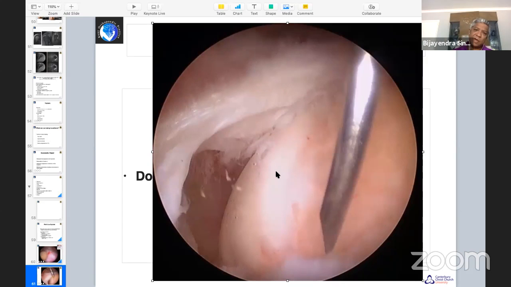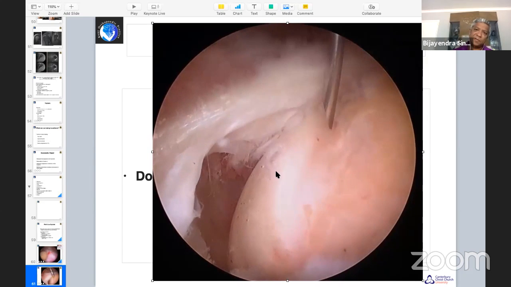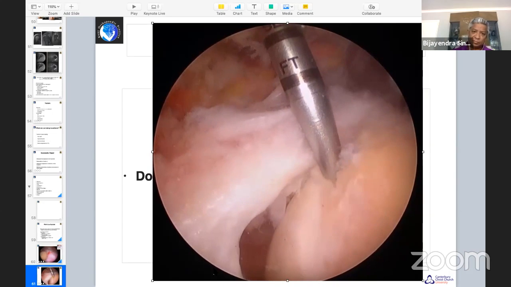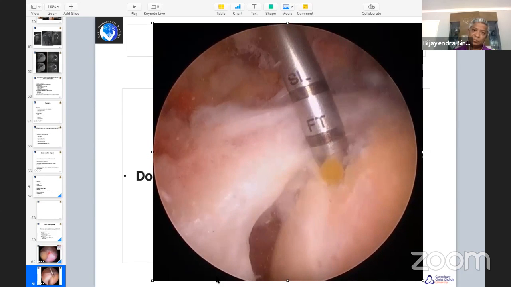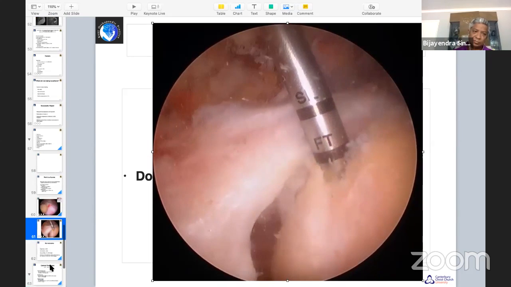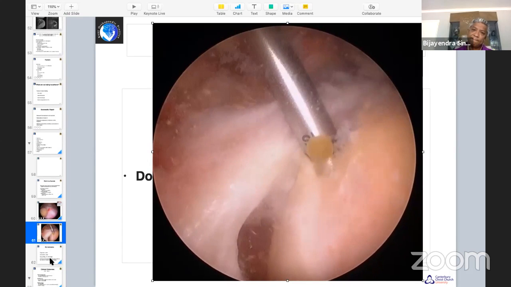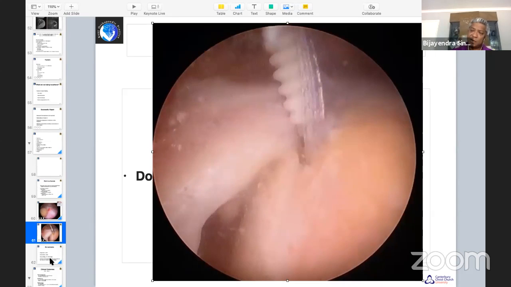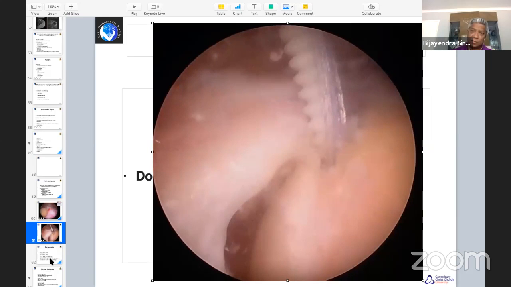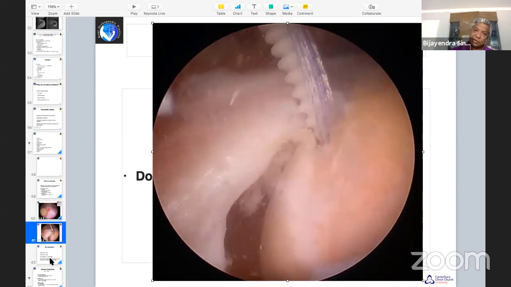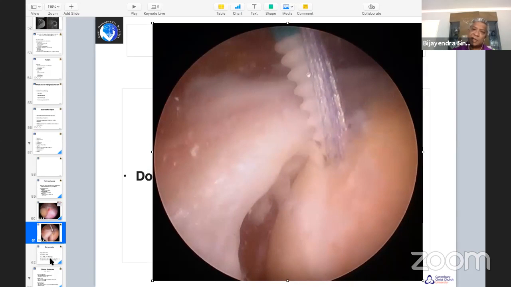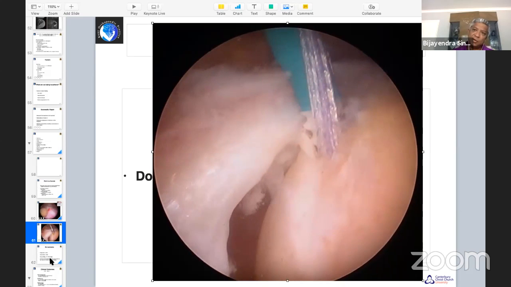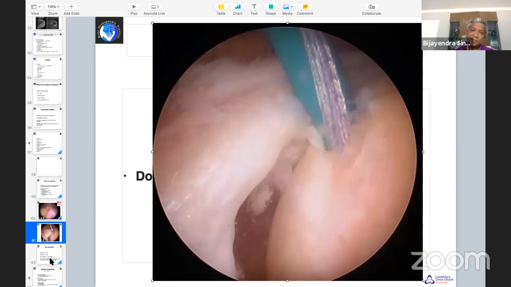Identifying my medial row anchors with a needle first before I make another portal. The first medial row anchor going in now. So again, I use a knotless system, and the advantage of this system is that it locks the medial row sutures in, so you don't have to tie the knots on it.